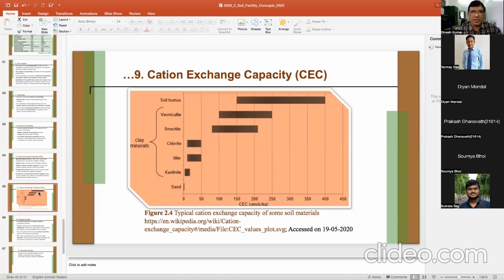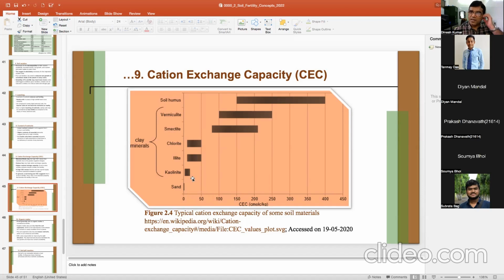Now you can see the CEC of different materials, different minerals and humus. So soil humus can have as high as 400, but normally it may be 200 to 250. And vermiculite may have 250, smectite may have up to 200, illite very low, around 50, and kaolinite may be around 15, 20.